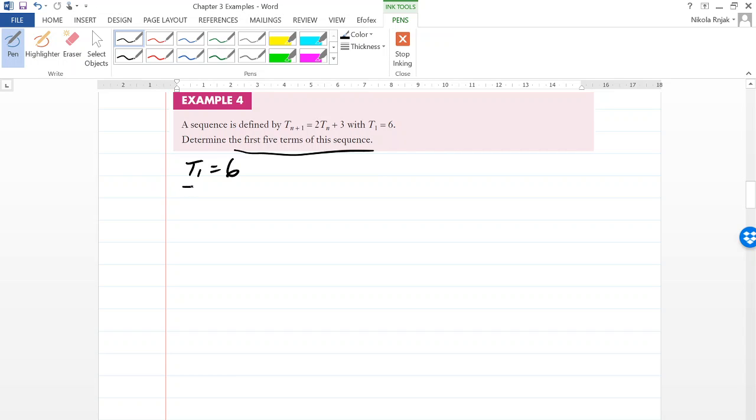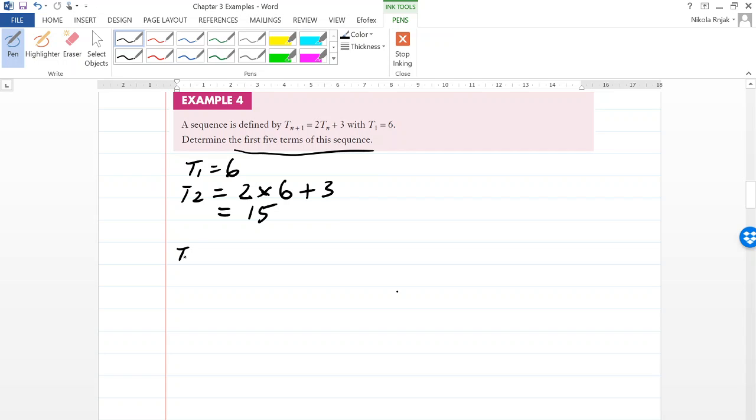All right, term 2 is going to be equal to 2 times the current term plus 3. So 2 times the current term, which is 6, plus 3. So this is going to be 15. That's it, okay?